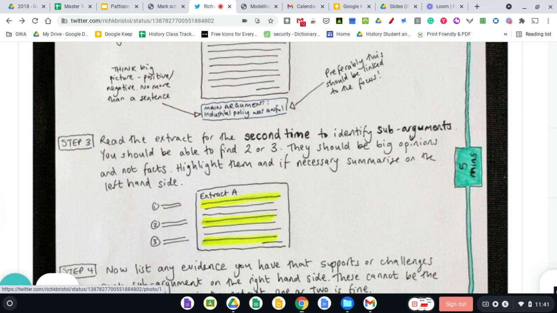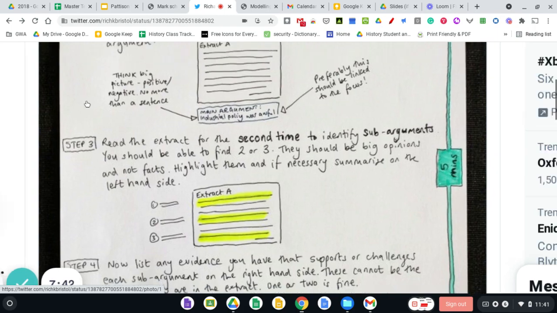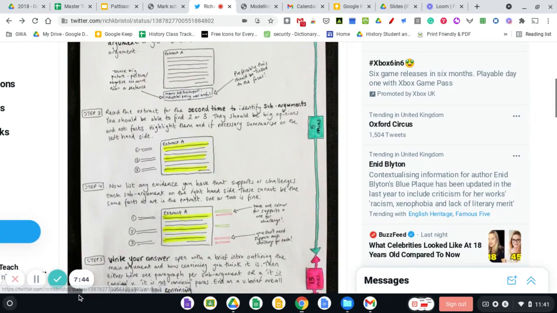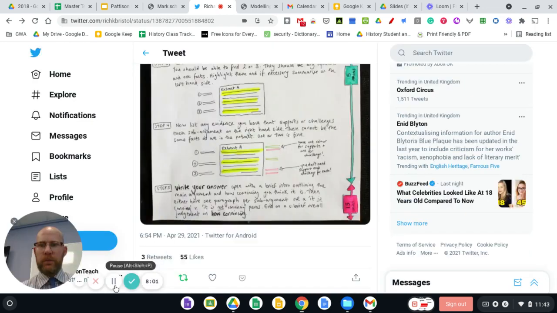We're not focusing on the facts, we're focusing on what is being put forward as opinions, in this case about Henry's foreign policy. So I'm going to pause, have a read of the extract again, get it clear in your mind, and then we'll break this down into these sub-arguments when we come back.